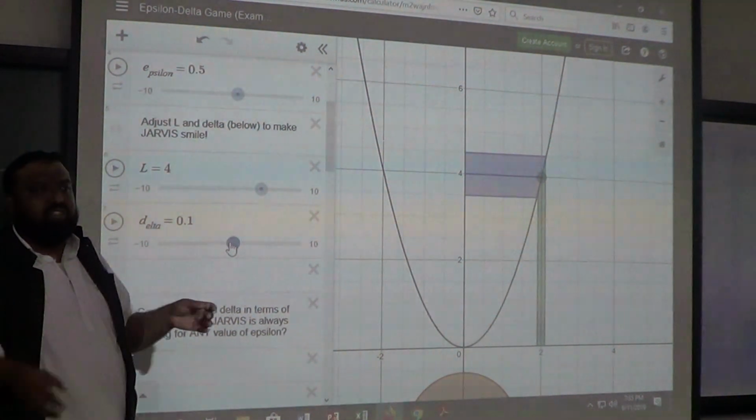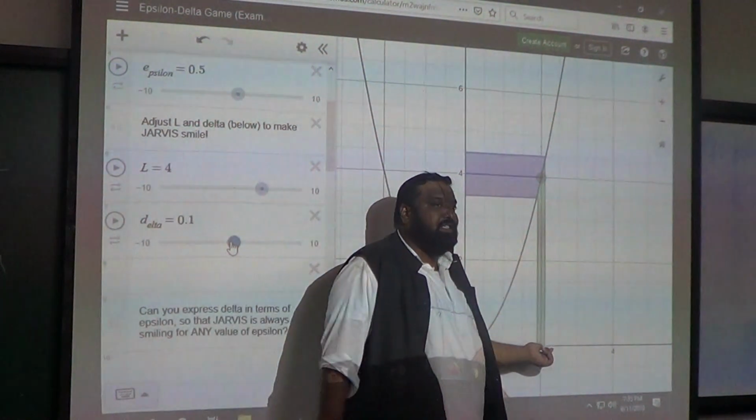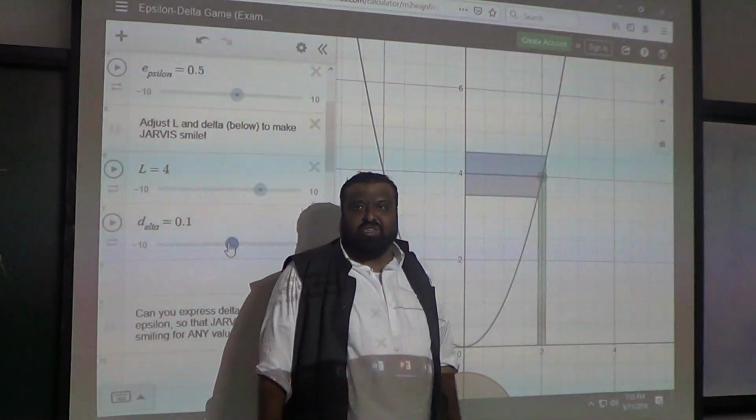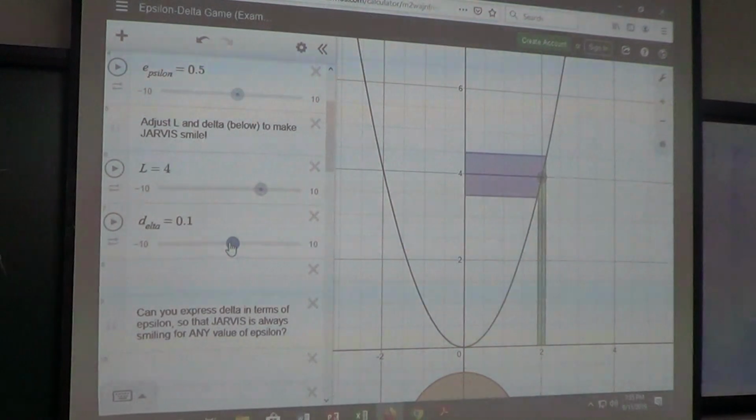If you can always find such a delta for every choice of your interval, that means you have it. Is it making sense?